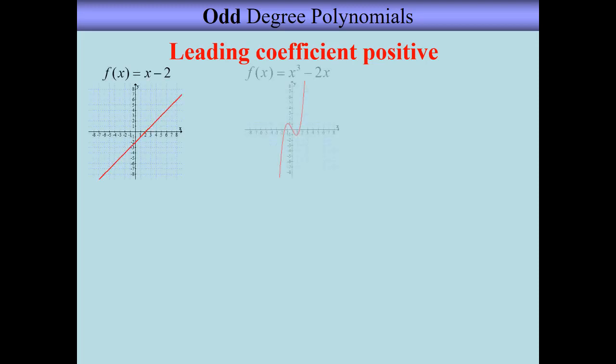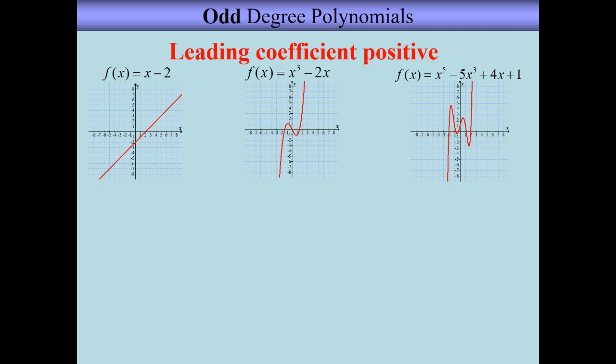If they have a positive number on the highest degree term, first one on the front of the x, second one on the front of the x cubed, third one on the front of the x to the 5, then you notice that the direction is upper right and lower left. So it's always leading down to the left and up to the right.